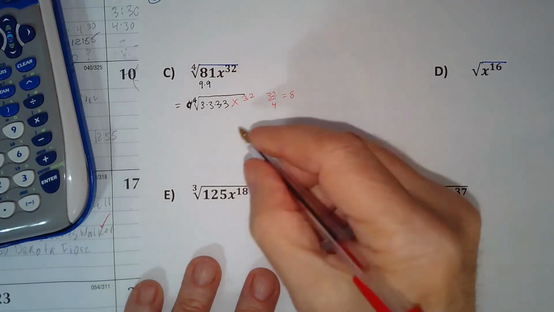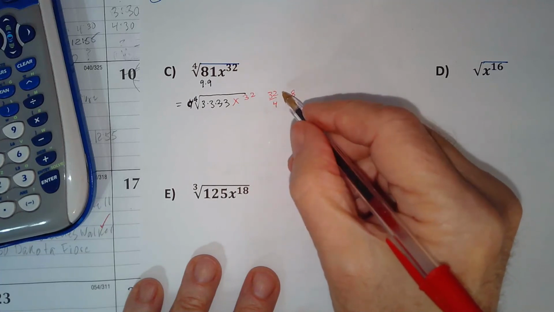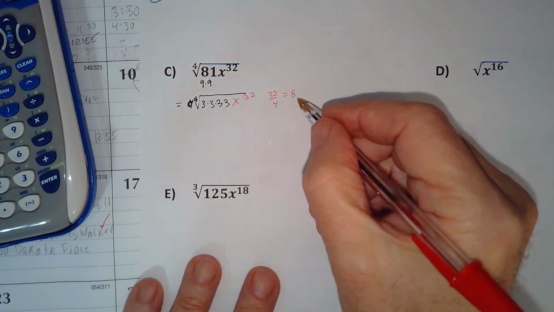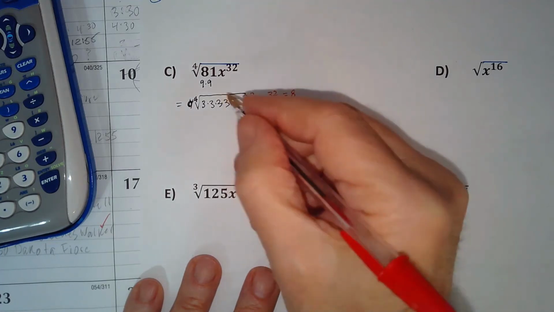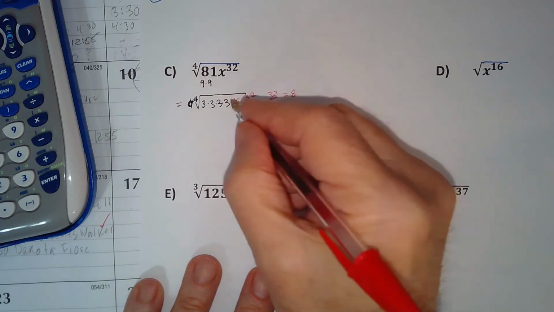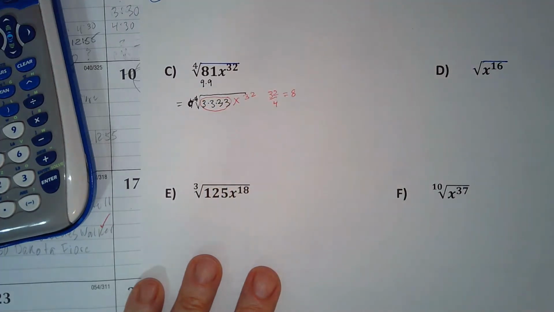It divides evenly 8 times. So that means we've got 8 groups of 4. Okay. So we here have all these go out, right? Every single one of them.